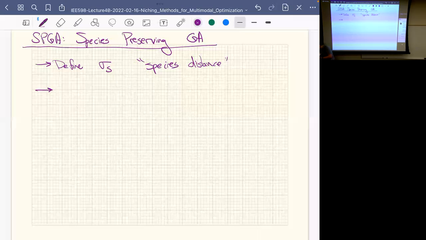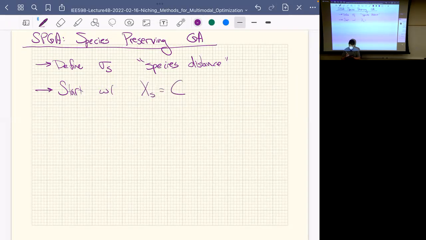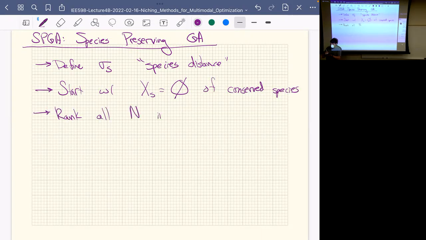And then we start with an empty set of conserved species. And then, kind of in an elitism sort of way, we're going to rank all N individuals by fitness.